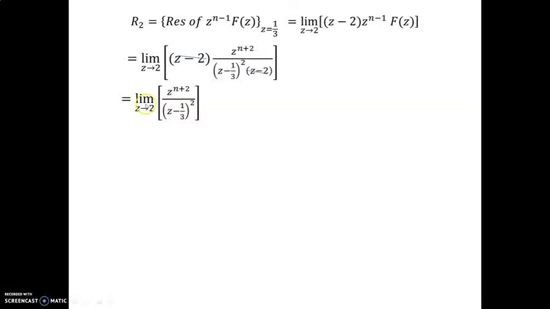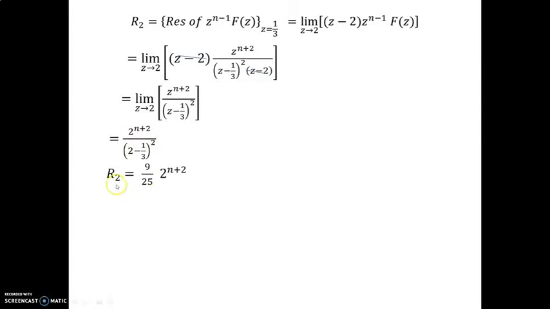We get limit z tends to 2, z power n plus 2 by (z minus 1 by 3) the whole squared. Next, applying the limit value, in place of z is 2, we get 2 power n plus 2 by (2 minus 1 by 3) the whole squared. So simplify, in the denominator we get 9 by 25 into 2 power n plus 2.